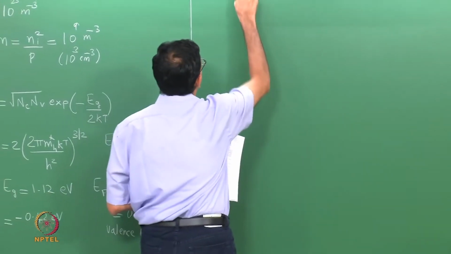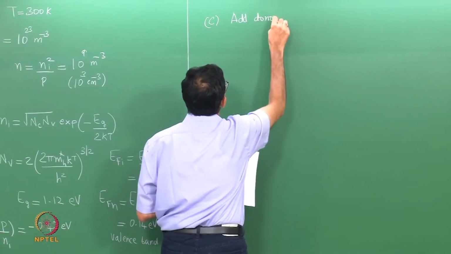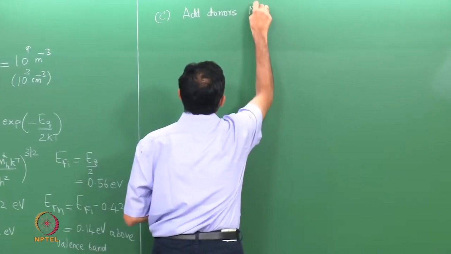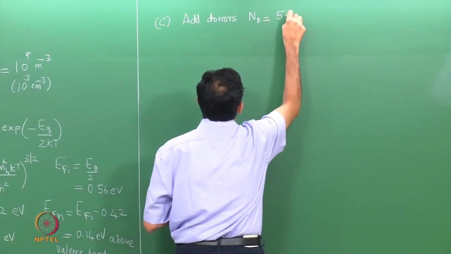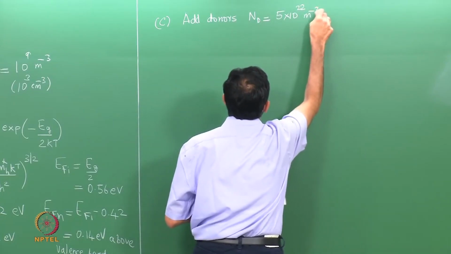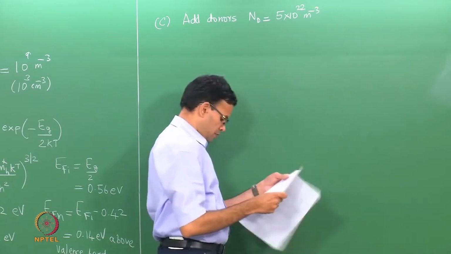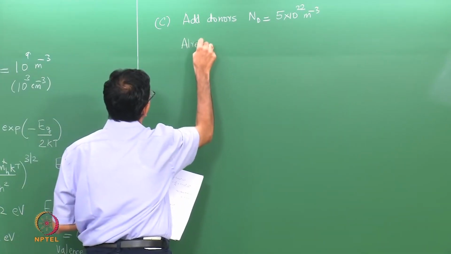So, we now add donors, and the concentration Nd is 5 times 10 to the 22 per meter cube. The sample already has acceptors.